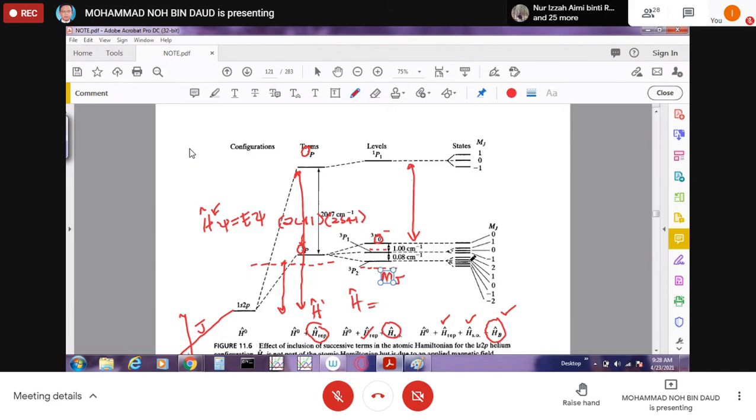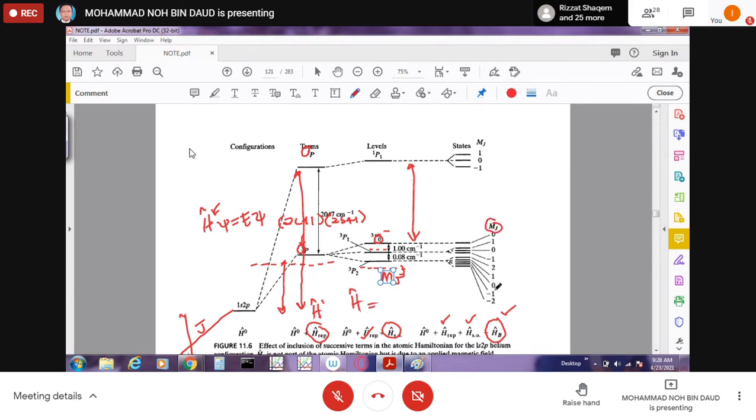Now we can see how we completely remove the degeneracy, with 5 degenerate energies splitting into different energies with different MJ.